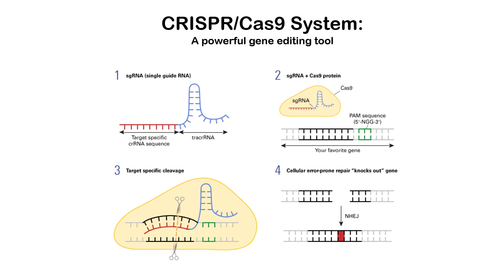Once the DNA is cut, researchers use the cell's own DNA repair machinery to add or delete pieces of genetic material, or to make changes to the DNA by replacing the existing segment with a customized DNA sequence. Although Cas9 is the enzyme that is used most often, other enzymes such as CPF1 can be used.